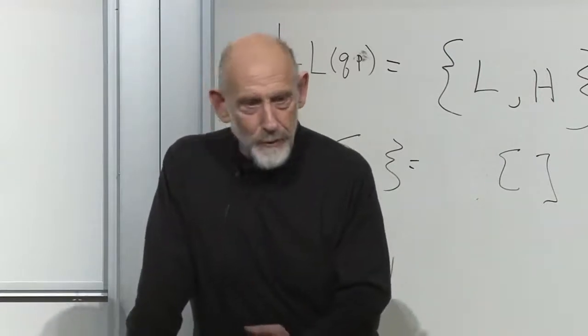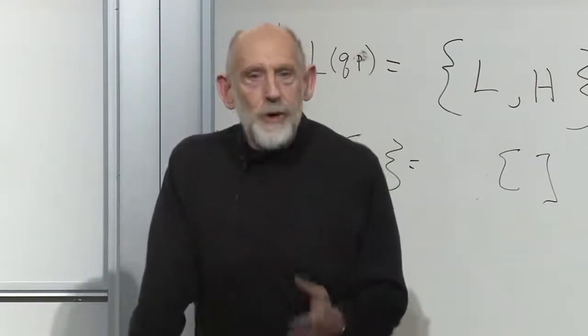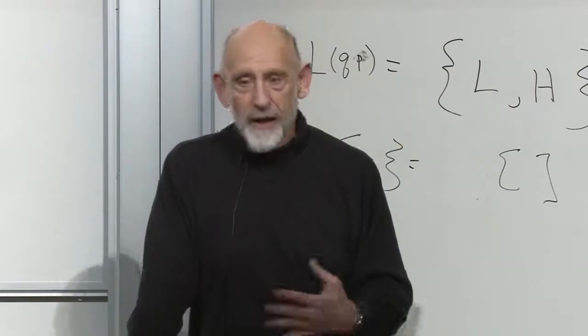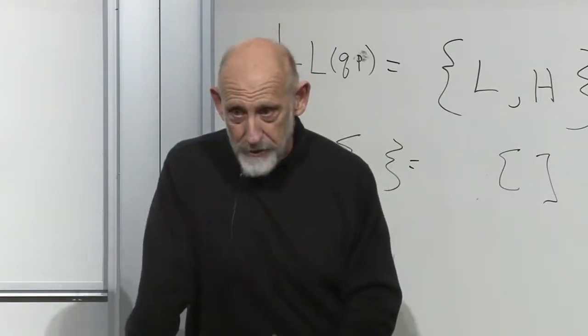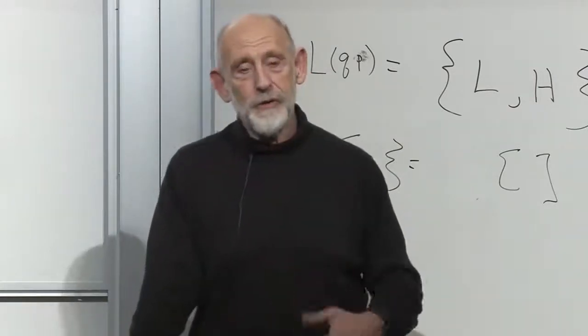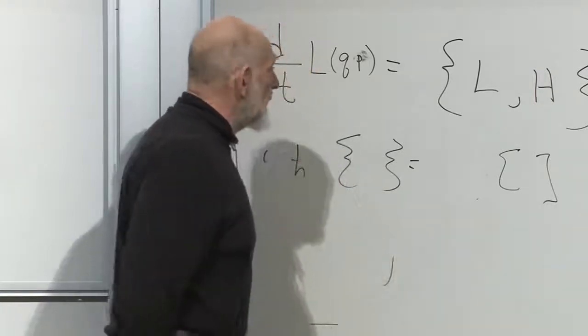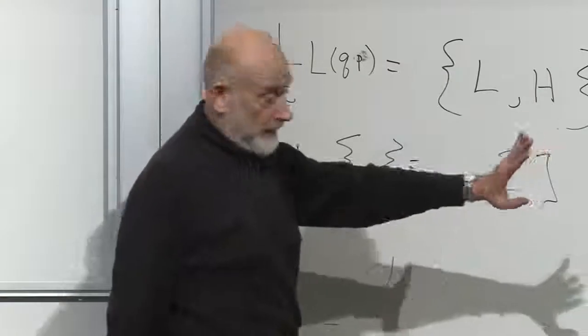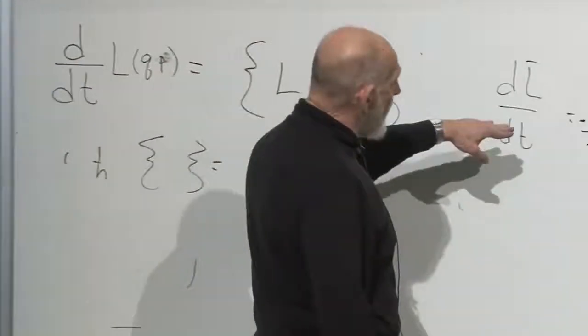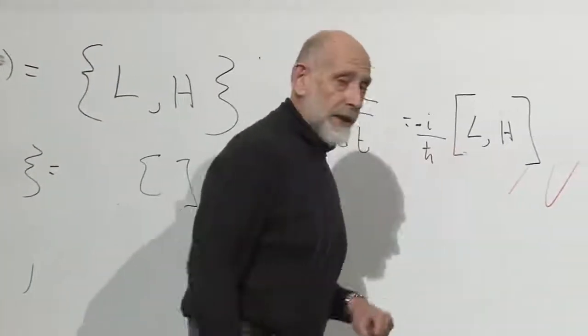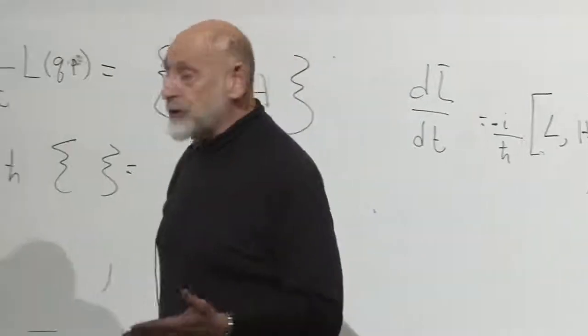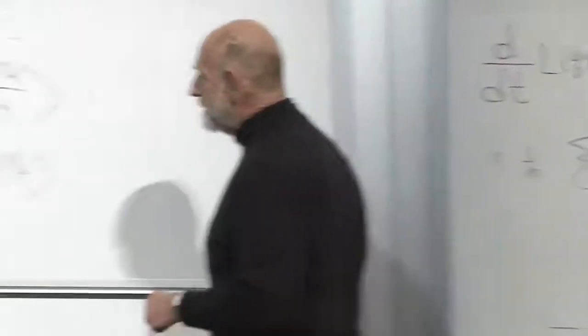The right way to think about things is that quantum mechanics comes before classical mechanics. Commutators before Poisson brackets. You have to derive classical physics as an approximation to quantum mechanics. So here we see some formal similarity. At this point, we have no idea why this commutator should have features in common with the Poisson bracket.